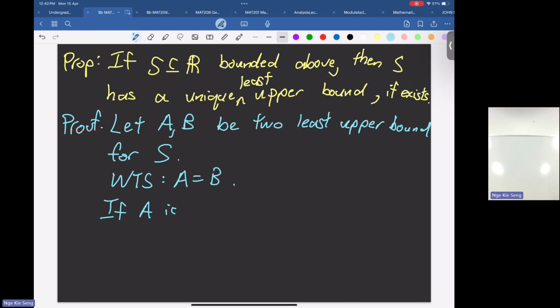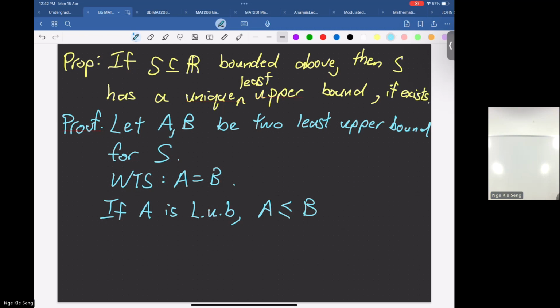If A is a least upper bound, it means A is less than or equal to every upper bound. But B is also an upper bound. In particular, A is less than or equal to B.